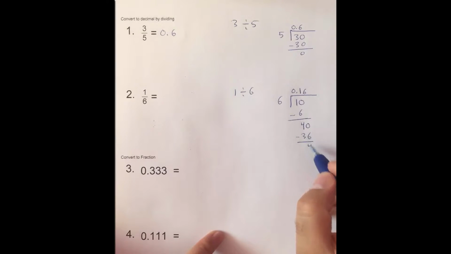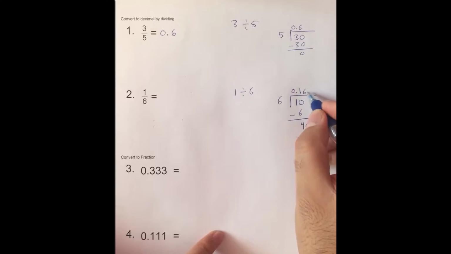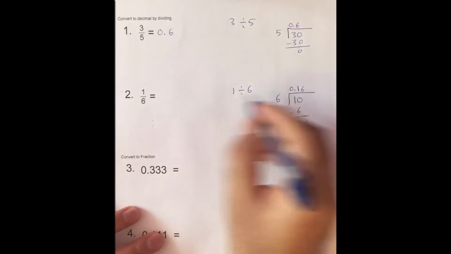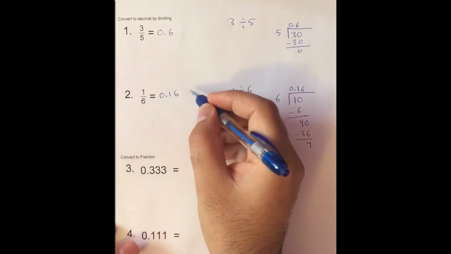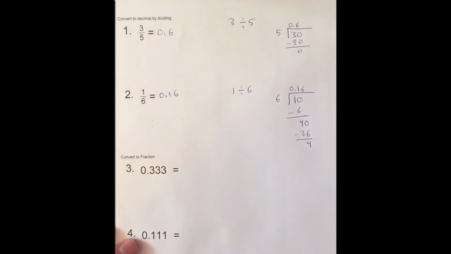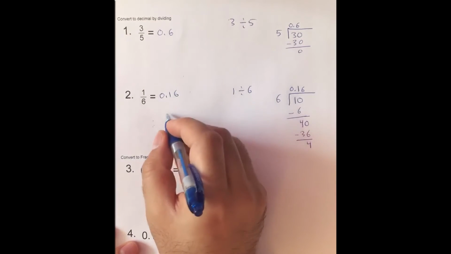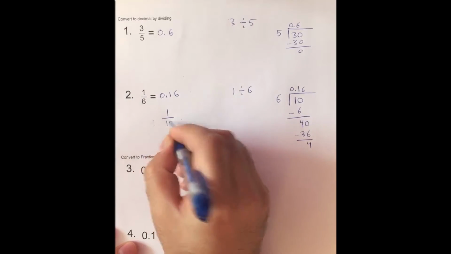So it seems that it's going to continue like this, and the answer is going to be 0.16666. So you could either write 0.16 or 0.1666.